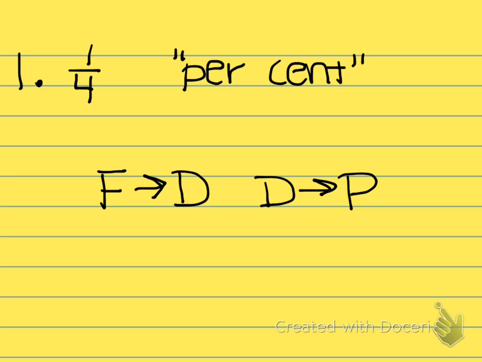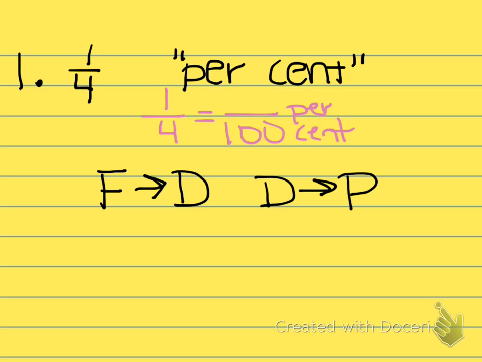So number 1, we had 1/4, and it wants us to write this as a percent. We actually have two methods that we've learned to go from fraction to percent. One method is percent, which means the equivalent fraction or equivalent ratio, where we make this a per cent, per 100.